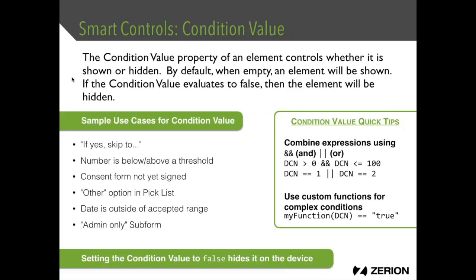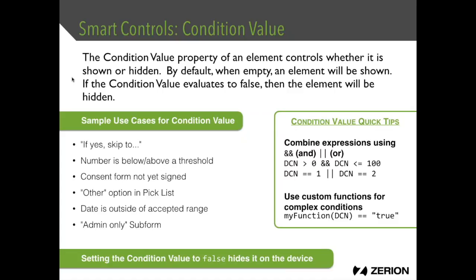Now, if you don't want to have any of the visibility adjusted, you can just leave your condition values alone. If they're blank, by default, the element will show. However, if you do enter in statements for the condition value, and those statements are going to have to evaluate to either a true or a false, if they evaluate false, then the element will be hidden.